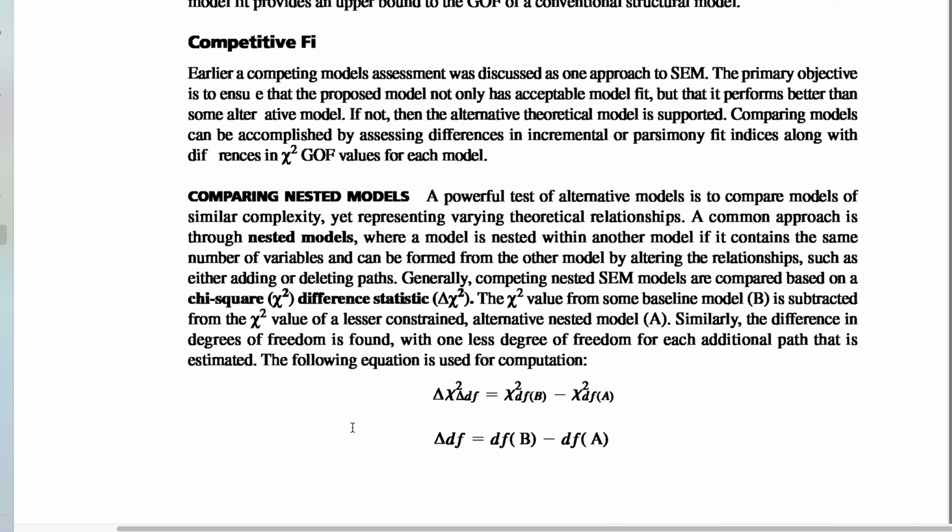Comparing models can be accomplished by assessing the differences in incremental or parsimony fit indices along with the differences in chi-square GOF values for each model. Let's talk about comparing nested models.